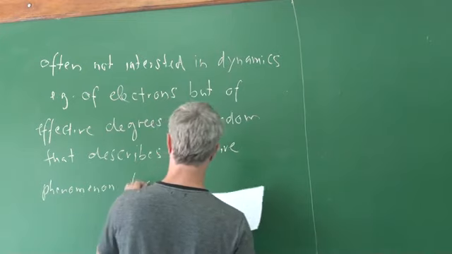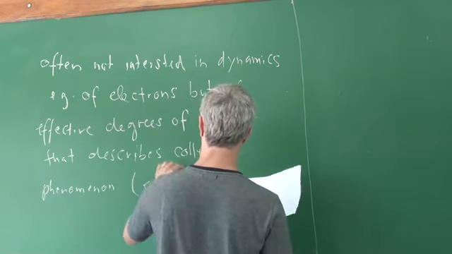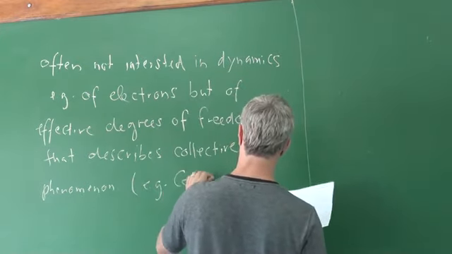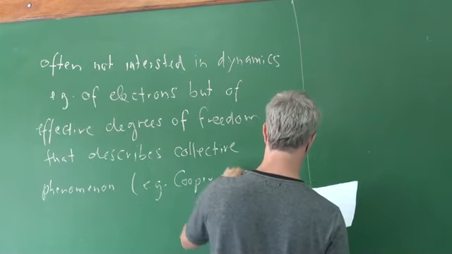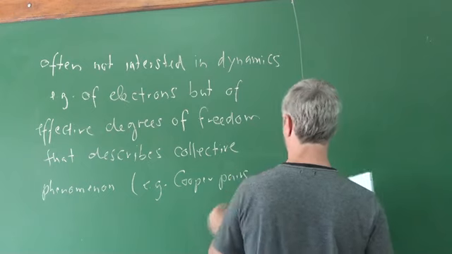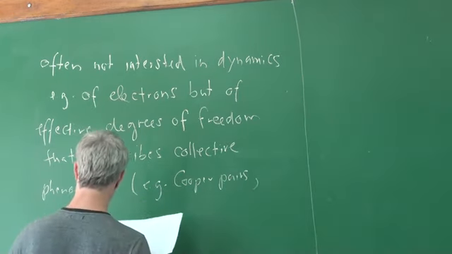And this can be, for example, the Cooper pairs in a superconductor, effective magnetic moments, and so on in a magnet.